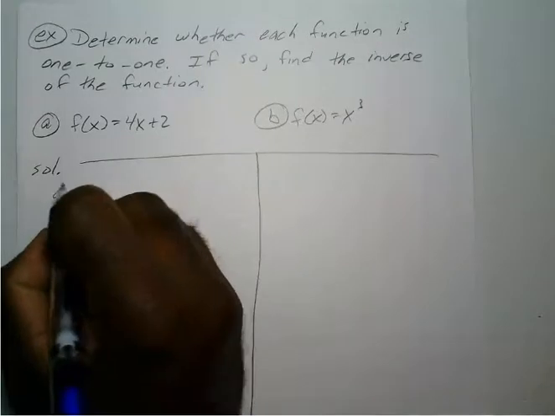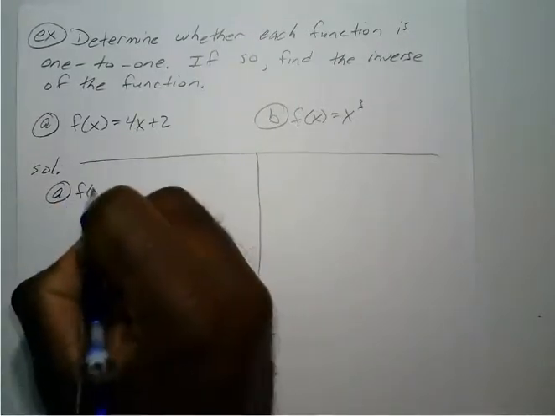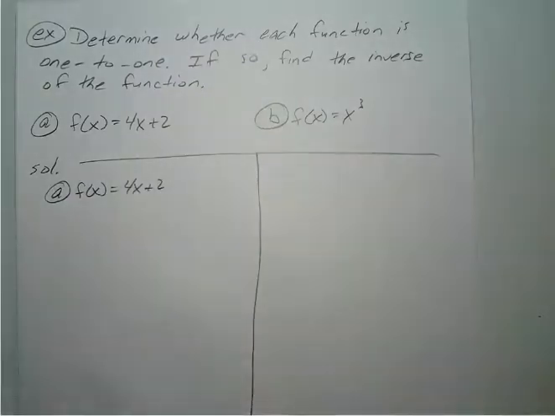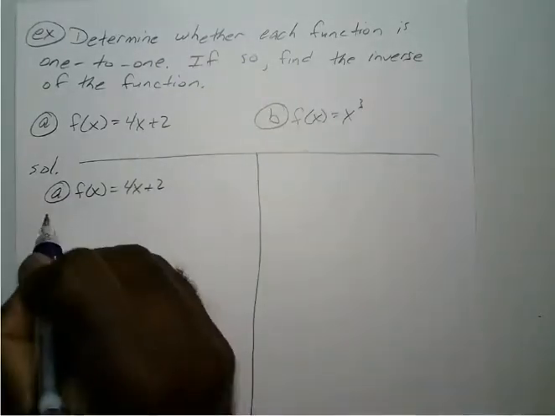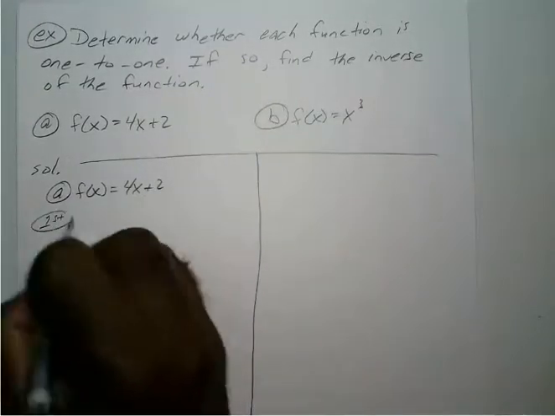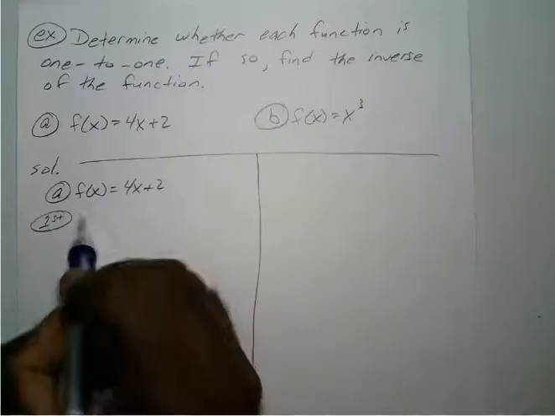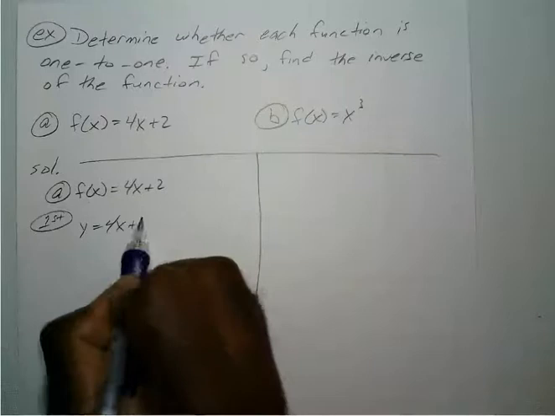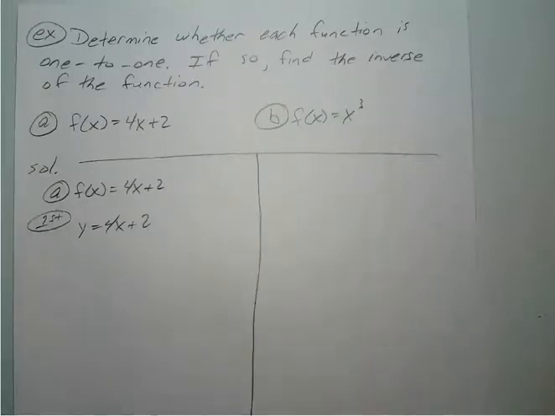Okay, so to solve A, we have f of x equals 4x plus 2. Remember your first step. You're going to replace f of x with y. You have y equals 4x plus 2. Now you have your second step.